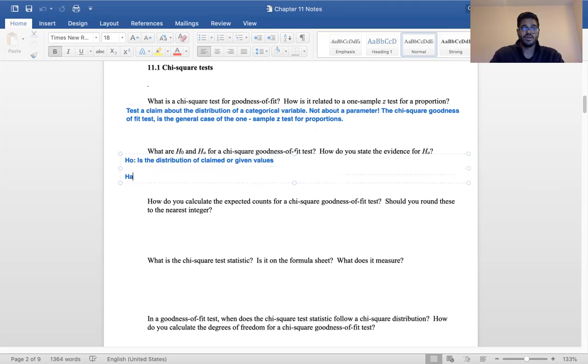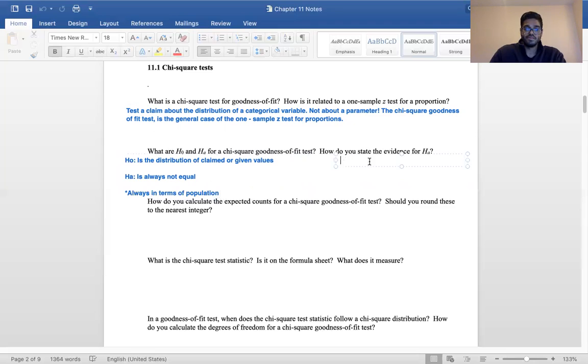And HA is always not equal to. You have a distribution equal to some number, and HA is always not equal to that, always in terms of the population.